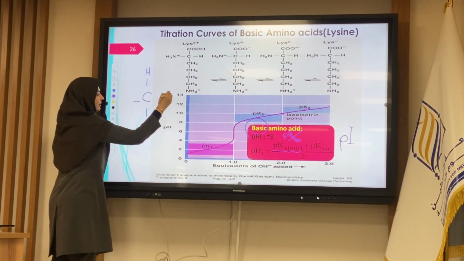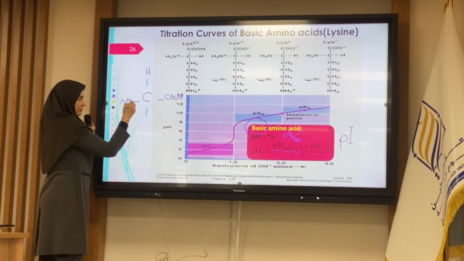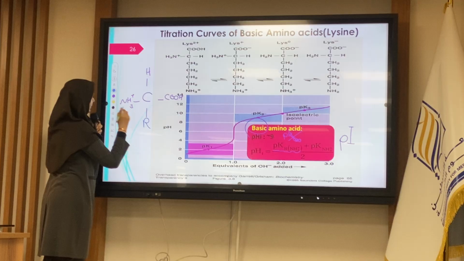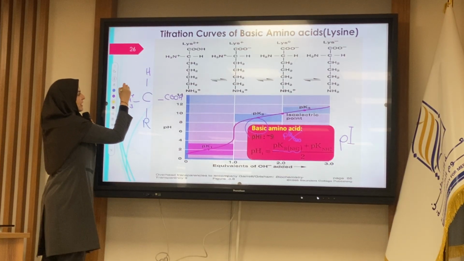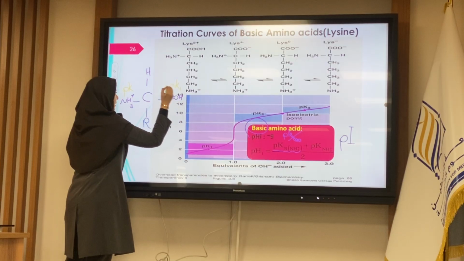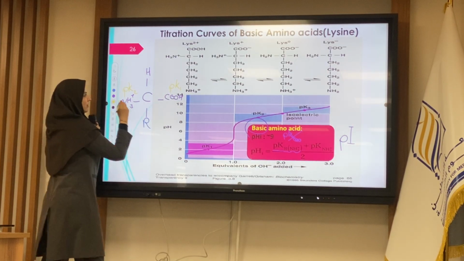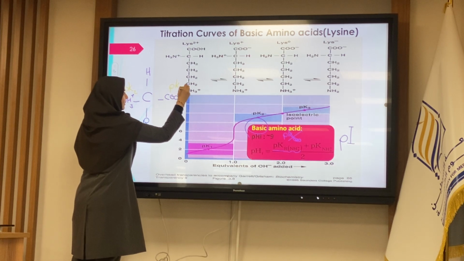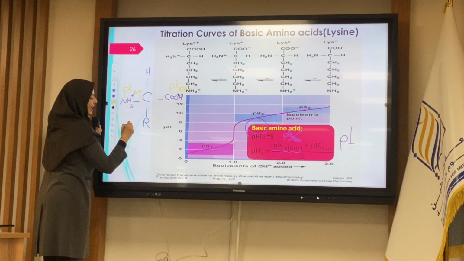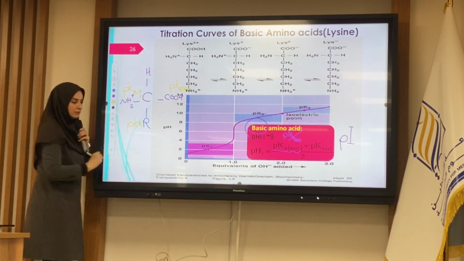You have the H, the carboxyl, the amine group. Am I right? And also you have an R group here. You have one pK here, another pK here, for example pK1, pK2. It's better to mention pK COOH, pK NH3, and this one as pK R. Okay?